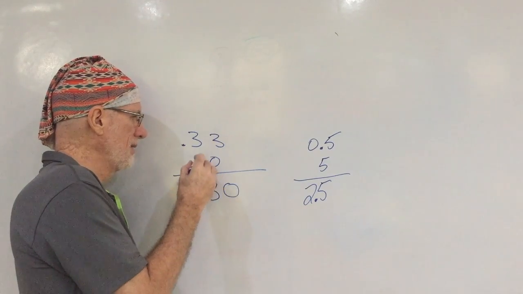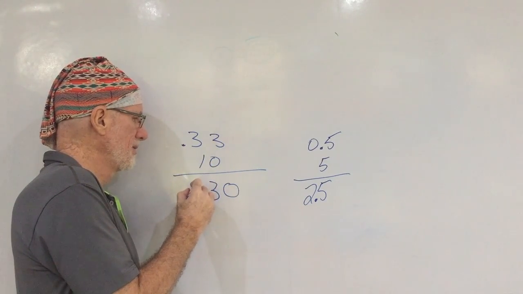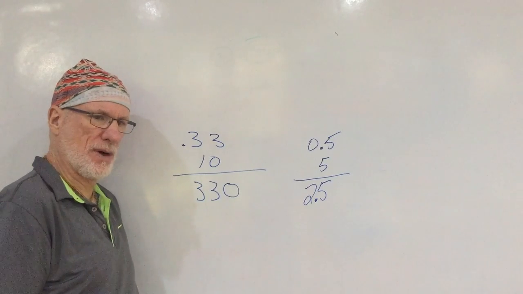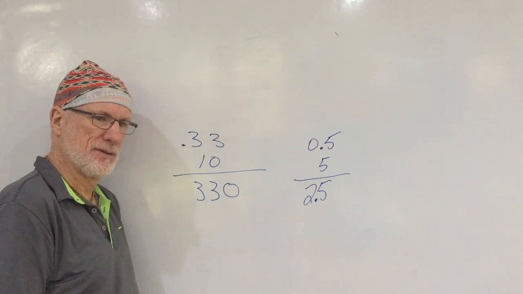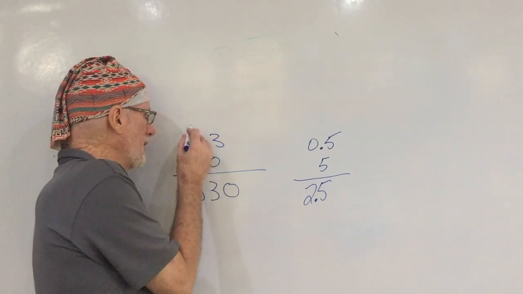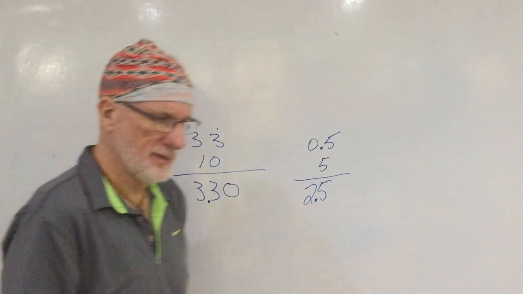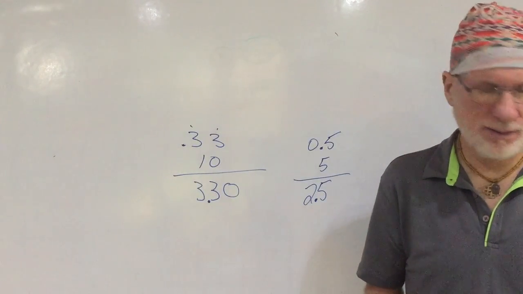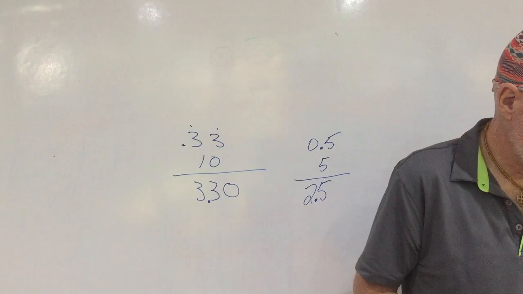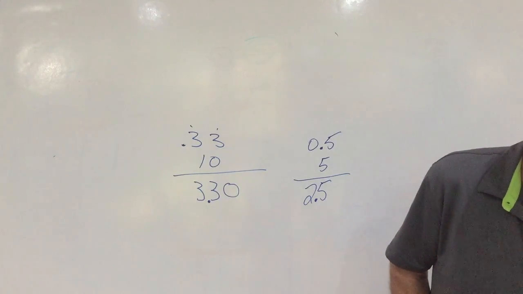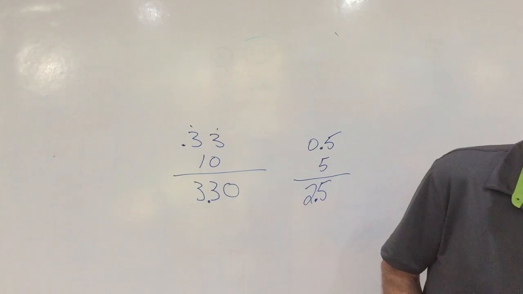And then 1 times 3 is 3. And then where do I put the decimal? 2 decimal places. Easy? It's a fairly straightforward problem.